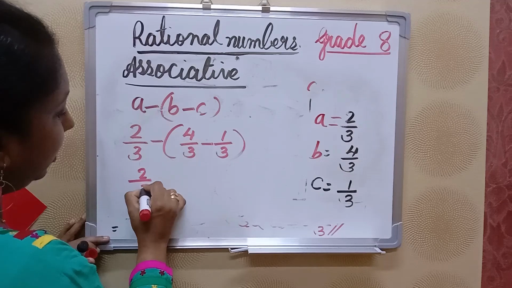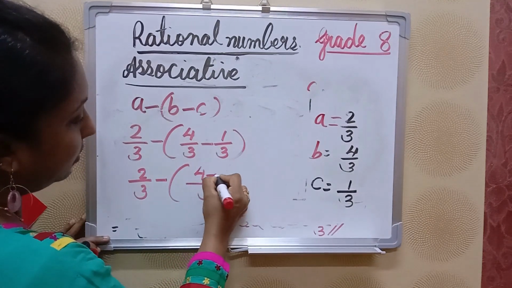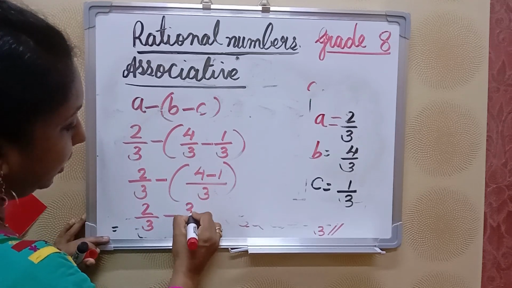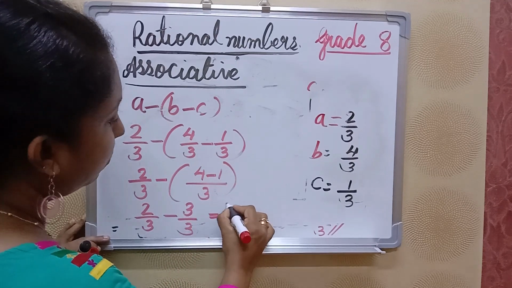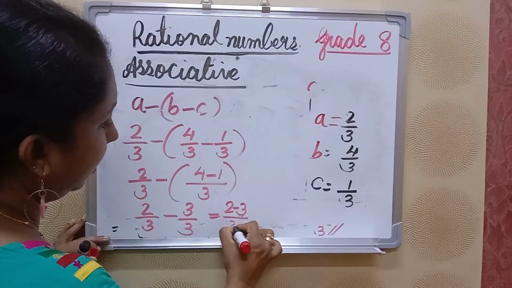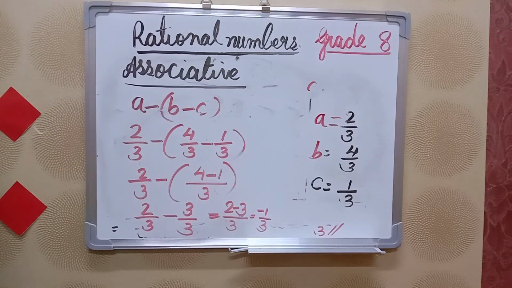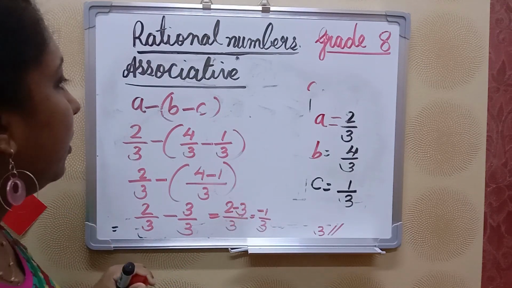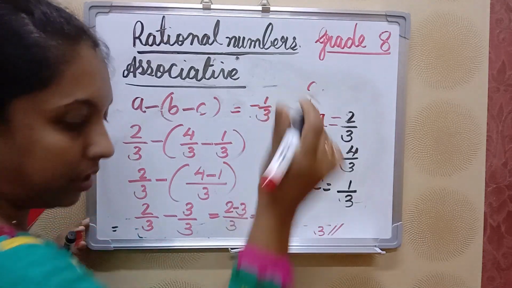It is 2 by 3 minus (4 by 3 minus 1 by 3), which is 2 by 3 minus 3 by 3, equal to 2 minus 3 by 3, equal to minus 1 by 3. So a - (b - c) is minus 1 by 3.